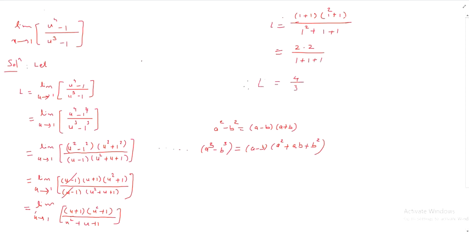Therefore our required limit L is equal to 4 by 3. This is our required answer.